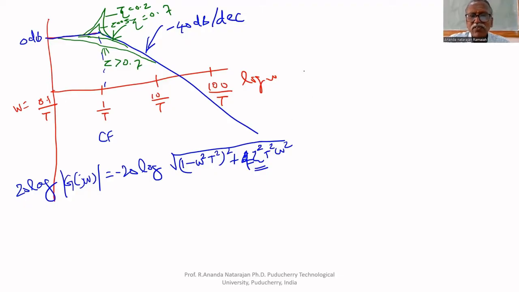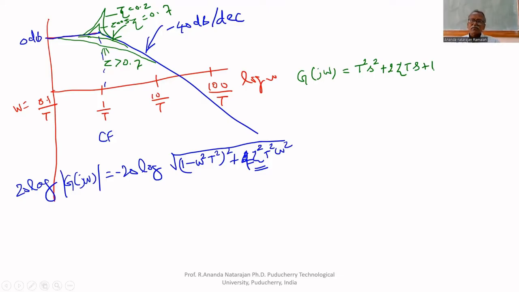Suppose you have a second order factor in the numerator, that is g of j omega equal to tau square s square plus 2 zeta tau s plus 1.